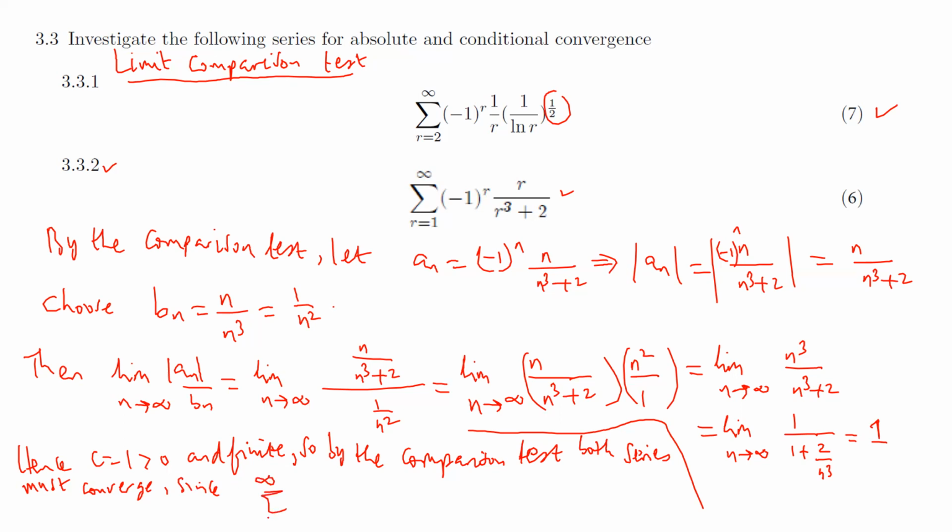So you just need to look at the series. So here we shall look at the 1 over n squared because it's simpler. This one is difficult to see convergence, but this one is a P series.